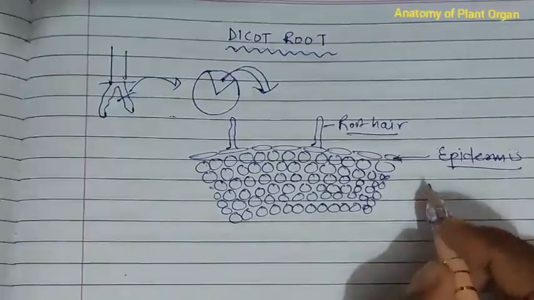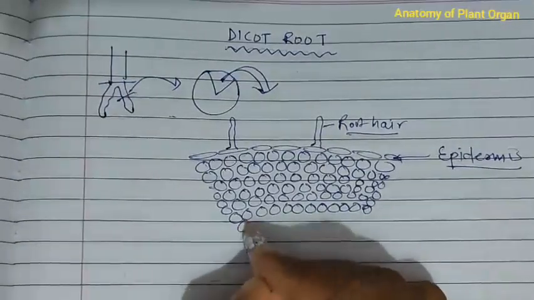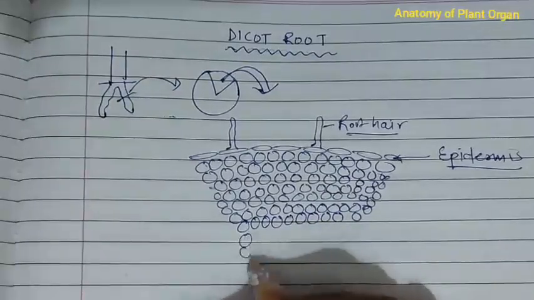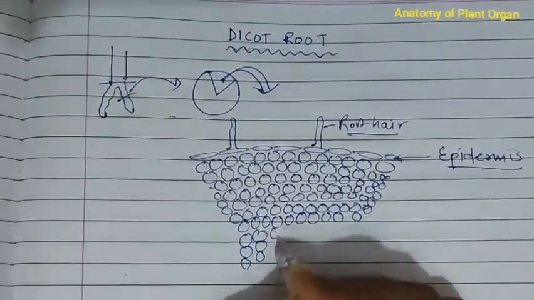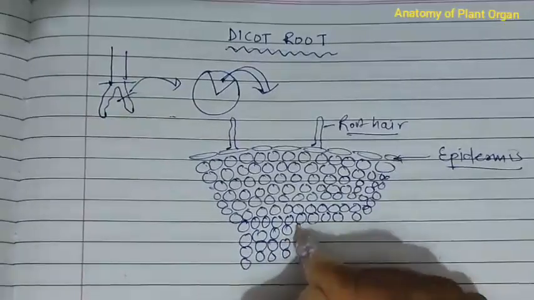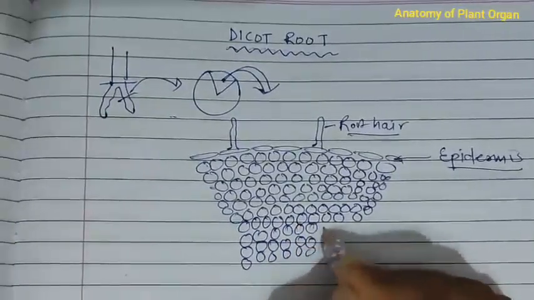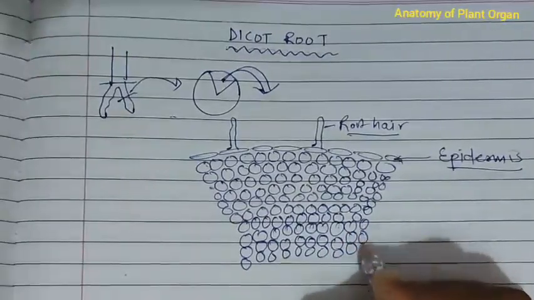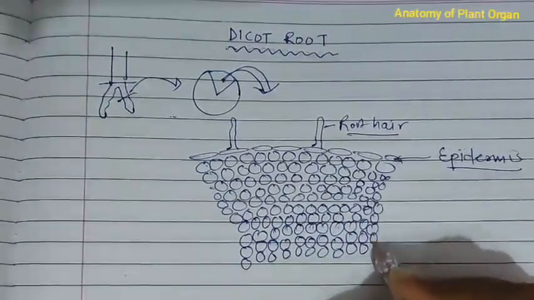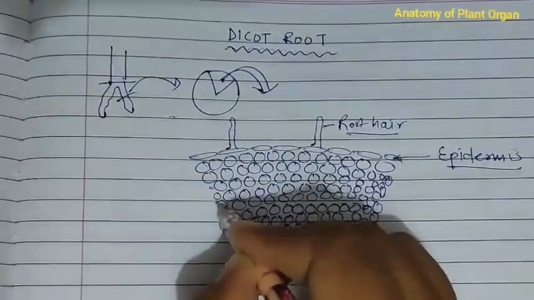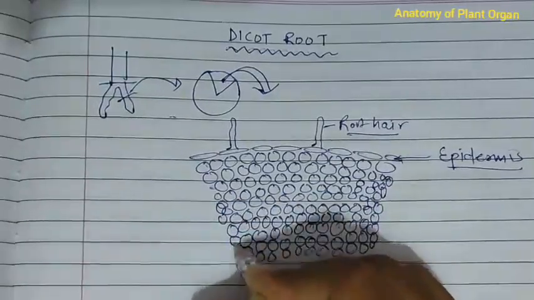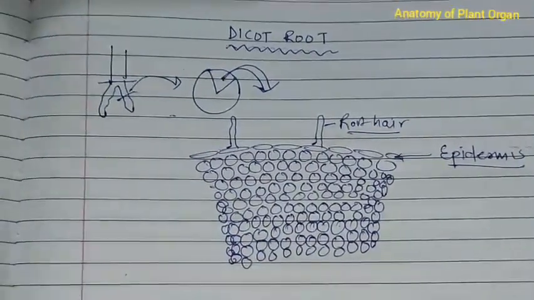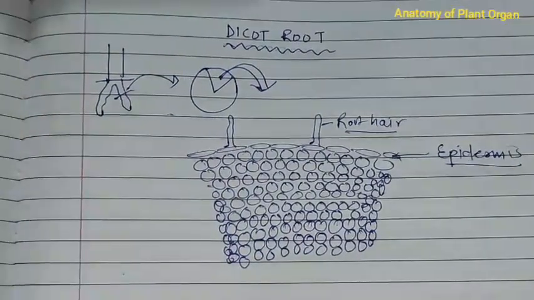Now inner to epidermis we find a cortex, because hypodermis is absent in case of this dicot root. So we have a cortex.